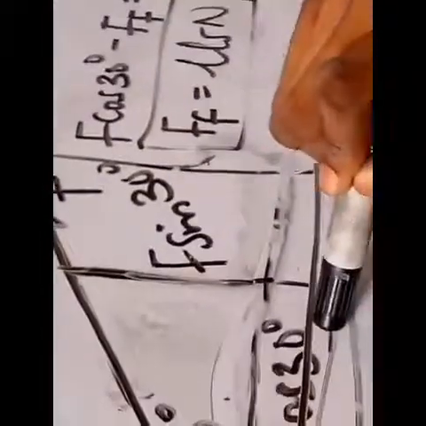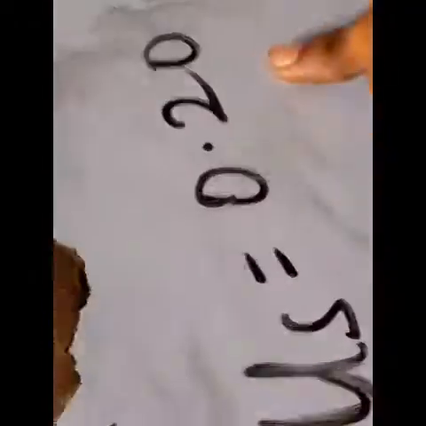Now back to the second equation, I have F cos 30 minus frictional force equals 0. And my frictional force is my coefficient of static friction multiplied by my normal reaction. You know my mu s is what? 0.20. So when I substitute it here, I have it as 0.20 N. I put my 0.20 inside, and bringing it back, I have 0.20 N minus F cos 30 degrees equals 0.